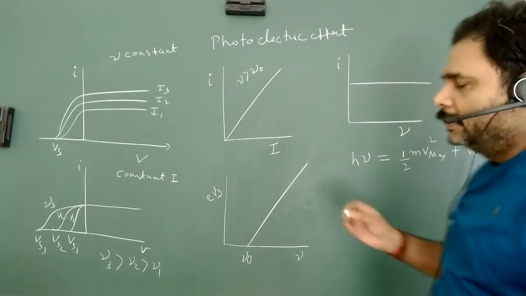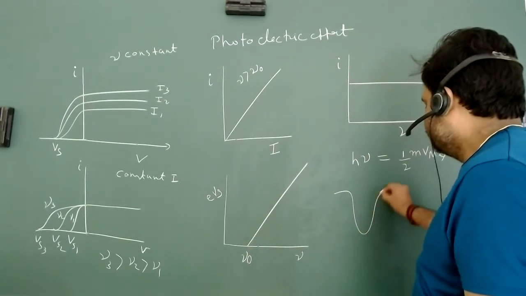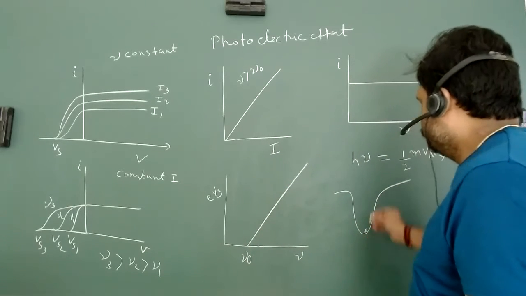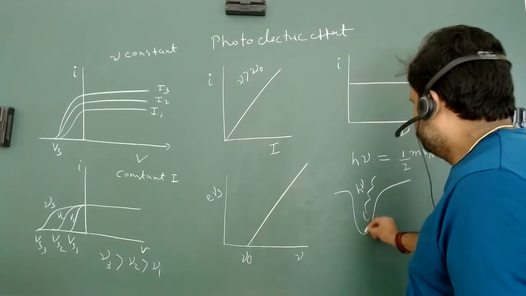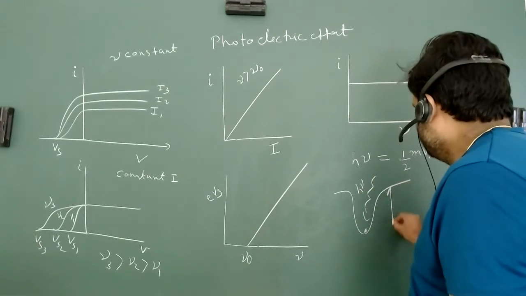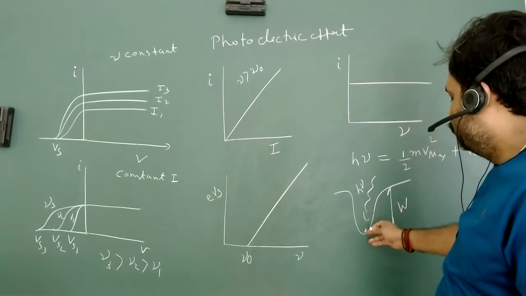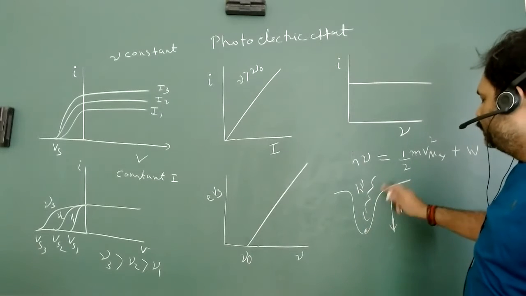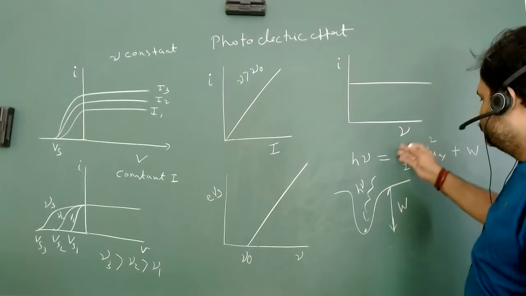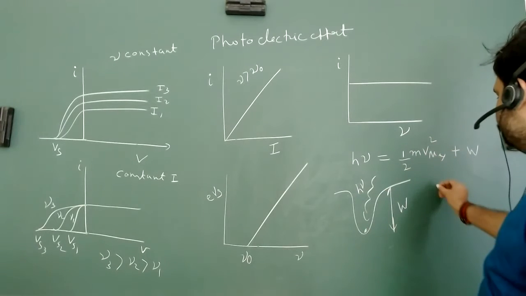As we discussed in the last class, whatever energy h nu is given to the electron, it will first absorb all this energy, then try to jump out, and the remaining energy will be converted into kinetic energy.